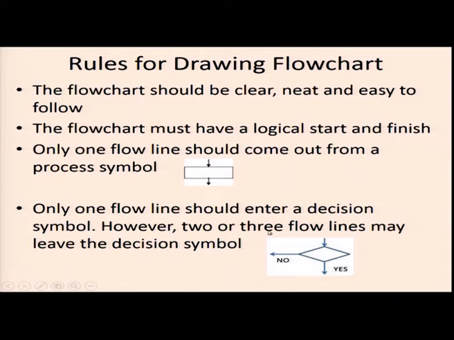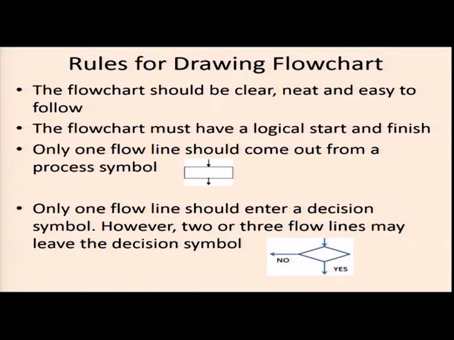Then only one flow line should enter a decision symbol. However, 2 or 3 flow lines may leave the decision symbol. Say for example, if I ask a question whether I need to follow the right direction.